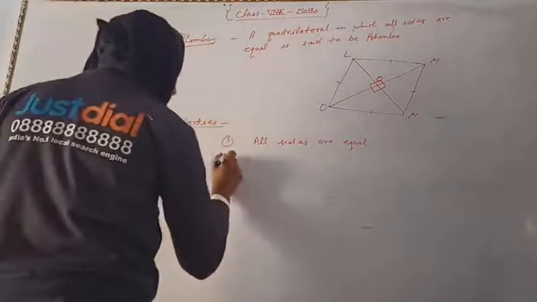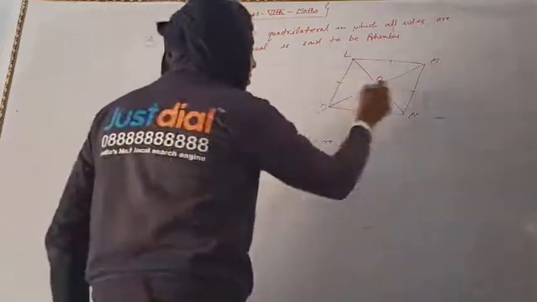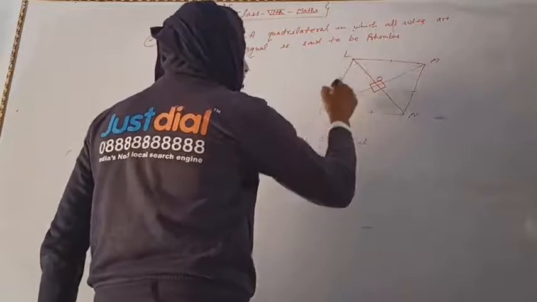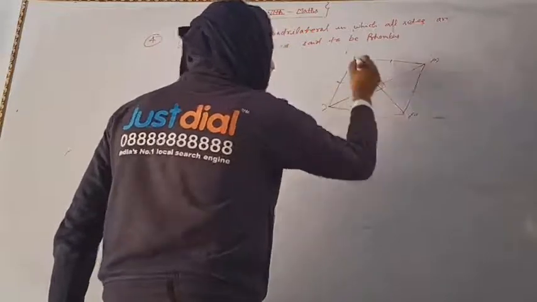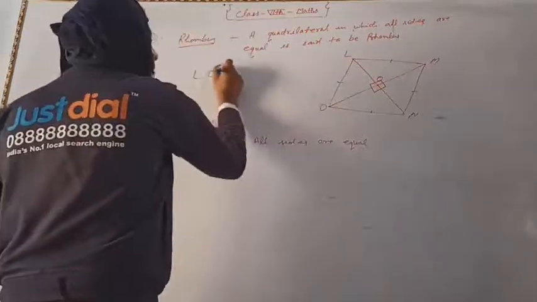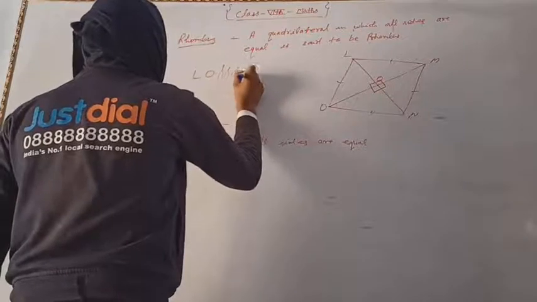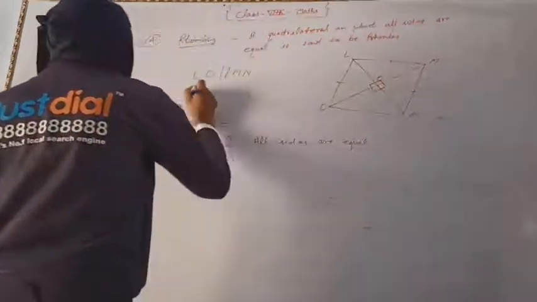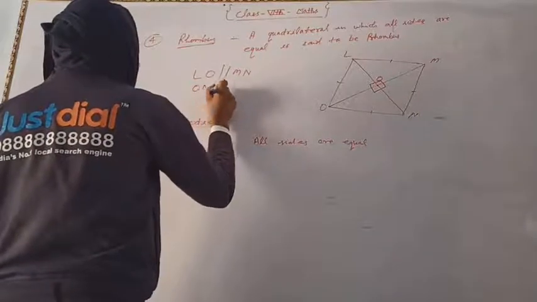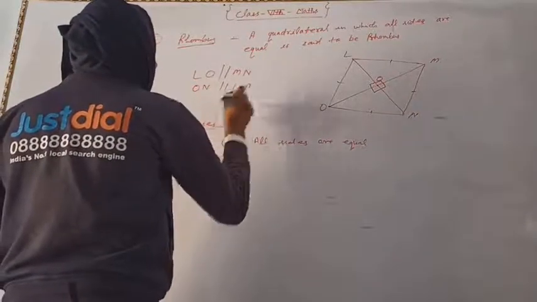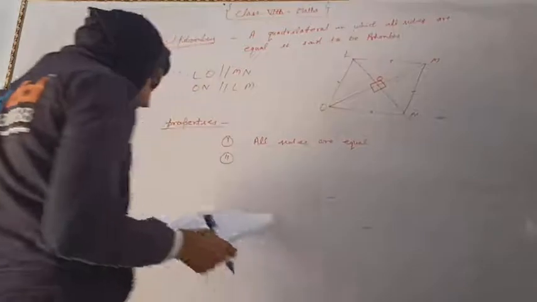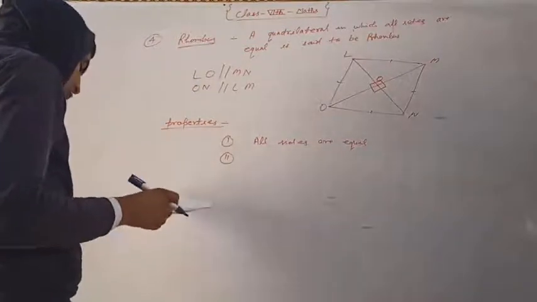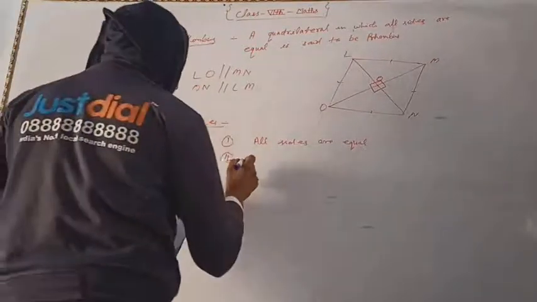Opposite sides are parallel. Here opposite sides, that means LO parallel to MN. Here LO parallel to MN and also diagonal parallel to LM. Okay. Second, opposite sides are parallel.